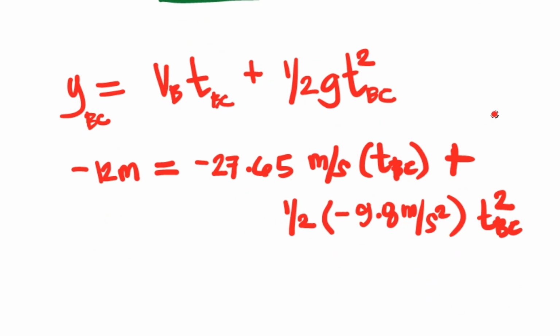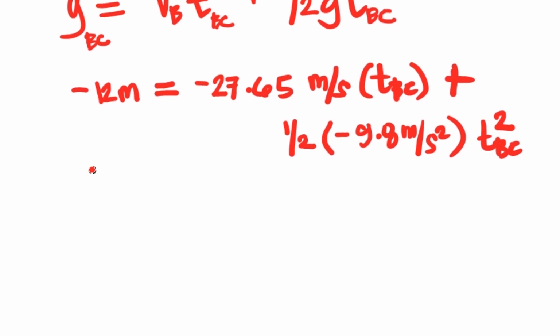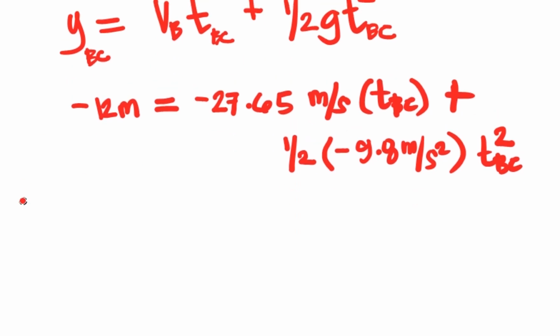Simplifying now this equation, we'll have negative 12 meters. Let us first put away the units so that it will be much clearer, because the units will just cancel out once we have the value for the time, so it's irrelevant.